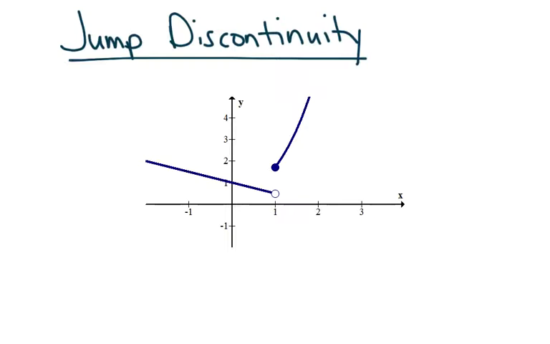Well, sometimes what happens is two ends of a graph will approach the same x value, but they have different y values, and they're not connected, in which case there's this gap in the graph. So both ends of the graph here end at x equals 1, but they don't connect. And because they don't connect, that gap causes something called a jump discontinuity.